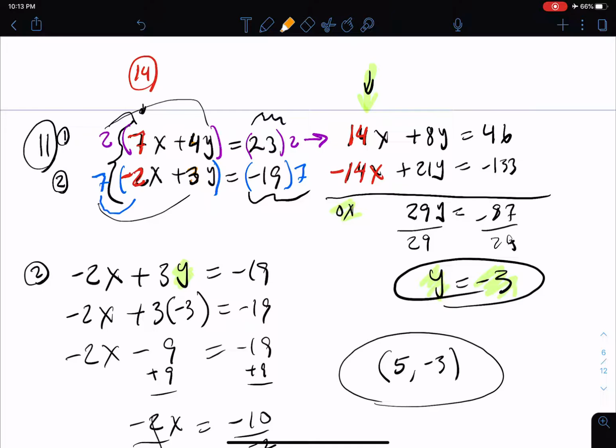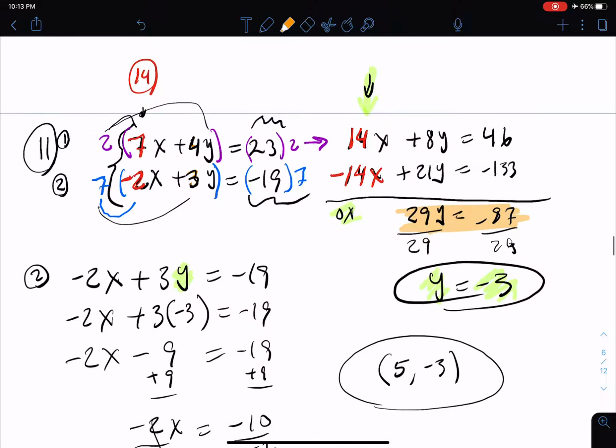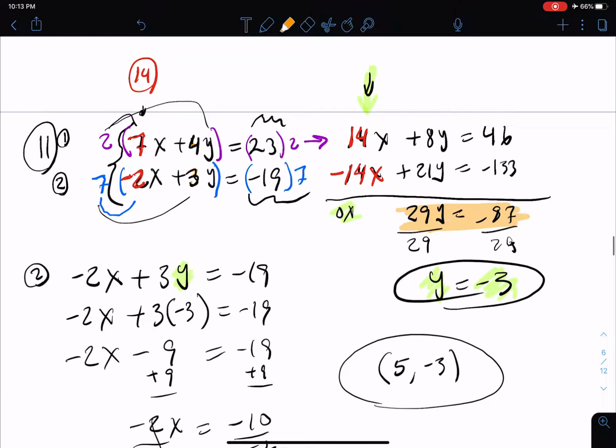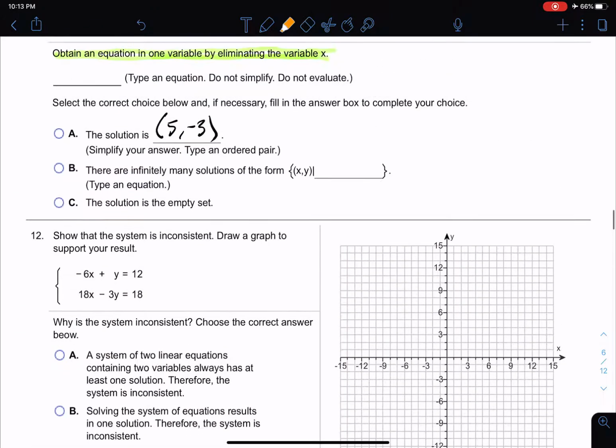After we eliminated the x, we got this equation right here. That's what they want us to put in up here. So without simplifying, that's 29y equals negative 87.